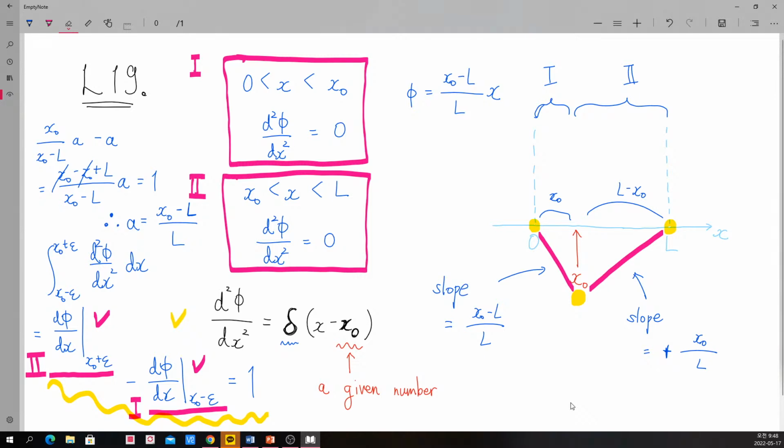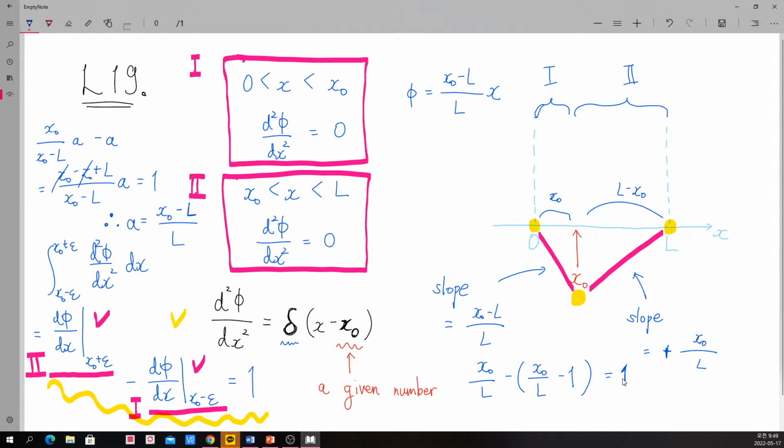So anyway, from this solution we can evaluate the slope in region 1 and region 2. Simply speaking, when we take the difference between the region 2 slope and the region 1 slope, the region 2 slope is given by x naught over L, and minus x naught over L minus 1, that becomes really number 1.